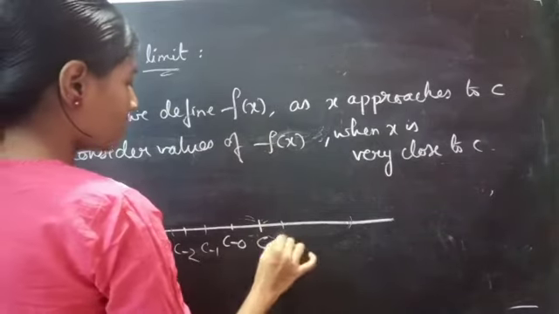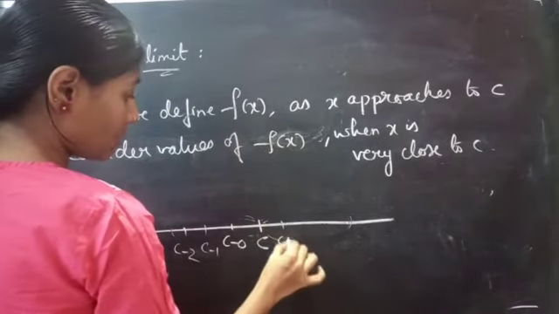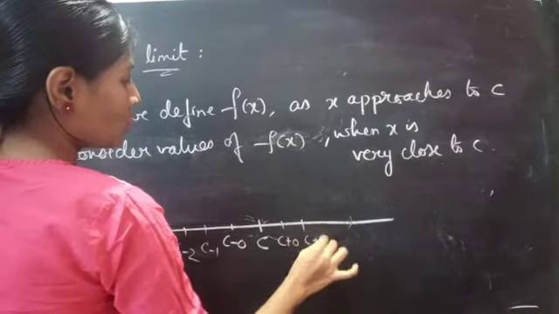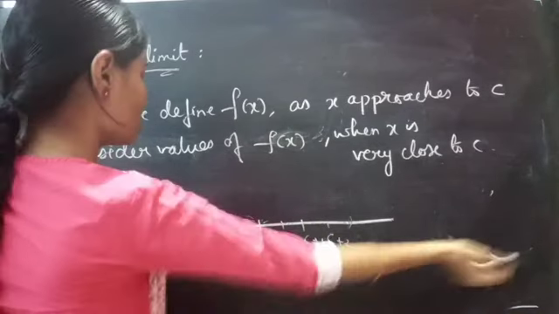And the numbers on the right side, that is greater than C, are C plus 0, C plus 1, C plus 2 and so on.